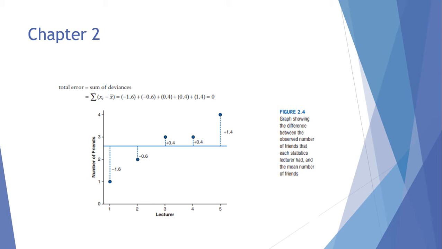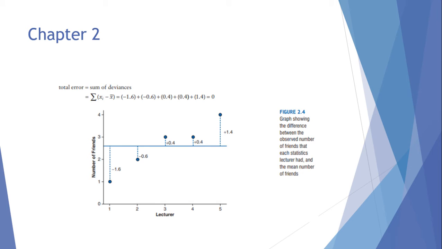Now, this visual that you see here is this sort of thing, but it's actually a different example that I take straight from your textbook. And here you see on the x-axis you have what looks to be 5 different lecturers, lecturer 1 through lecturer 5. And on the y-axis you have the number of friends that each one of those professors has.